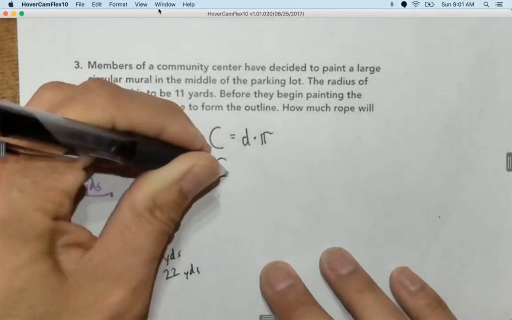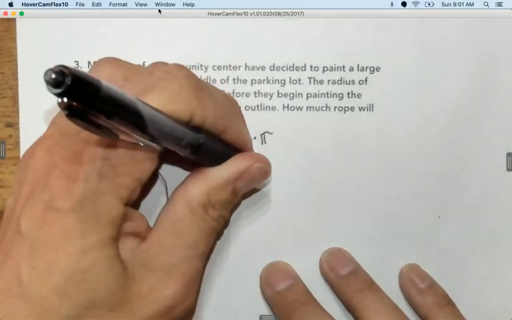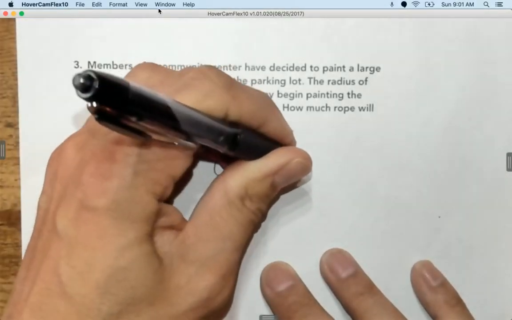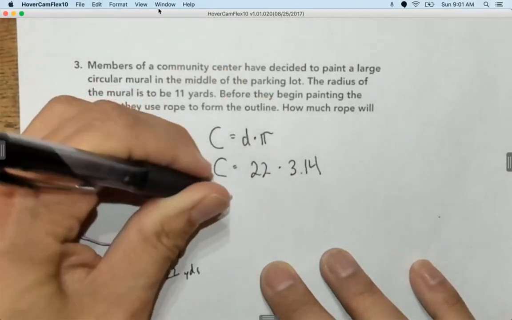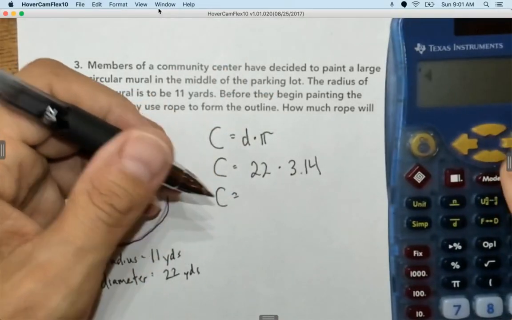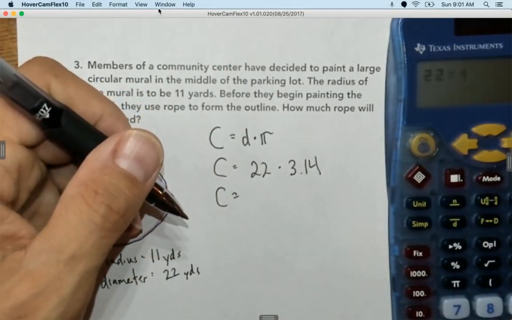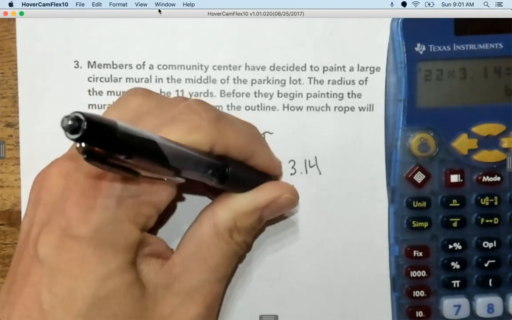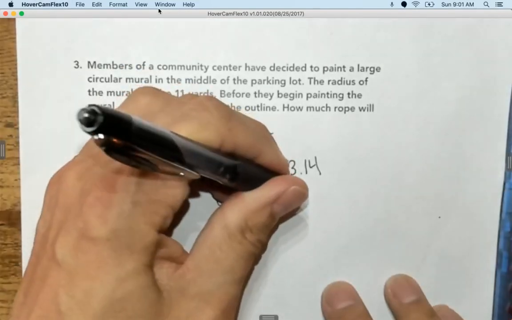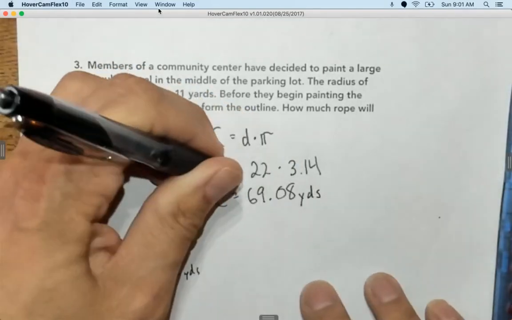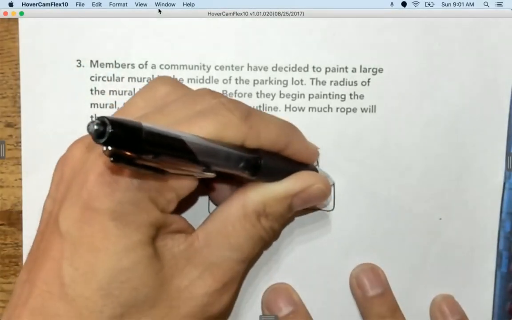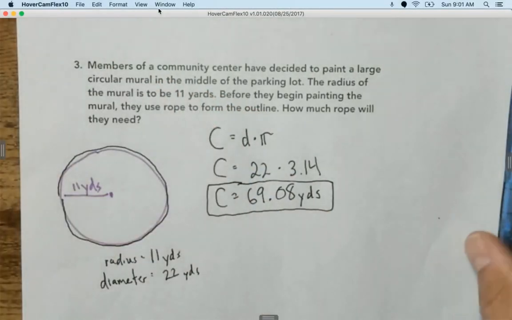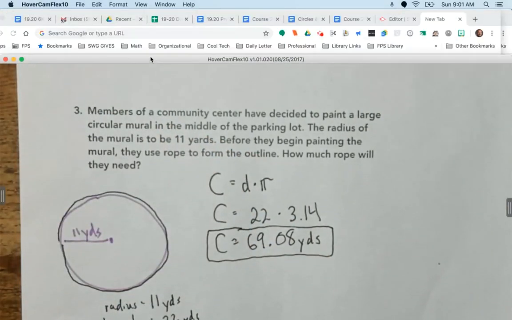And so circumference is 22 times 3.14. And the circumference would be 22 times 3.14, which is going to be 69.08 yards. And it's circumference, so it is one-dimensional. It's a line. All right, and so that is that problem.